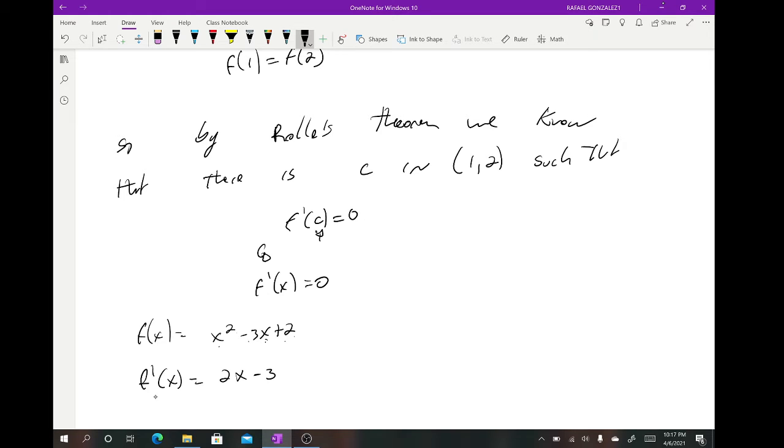So we know what the derivative is, which means I can substitute. Instead of writing f prime of x, I'm going to write what it's equal to, which means that 2x minus 3 is equal to 0.